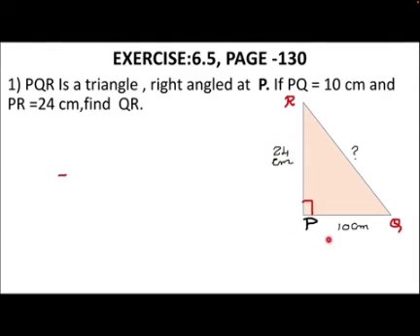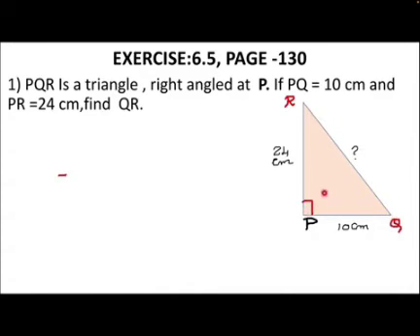Just now we learned in the previous slide what the square of 24 is and square of 10 is. Okay. After finding the squares, add them. Then you will get a number. If you find the root of that number, you will get the measure of this hypotenuse.